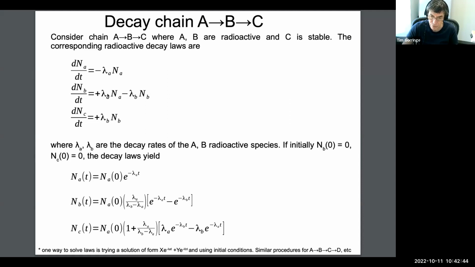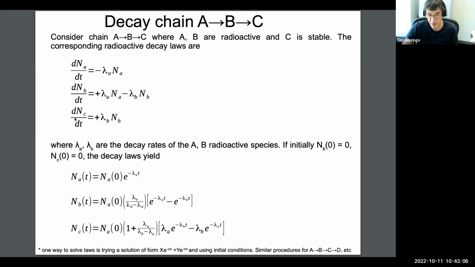So that's why there are two terms for species B in the middle of this decay chain. And then finally for species C, it's stable so there's no removal of species C. There's no negative term. It's being produced though by the decay of species B.